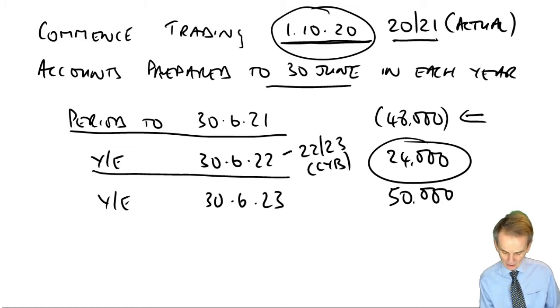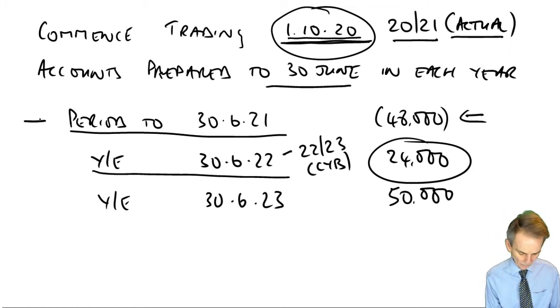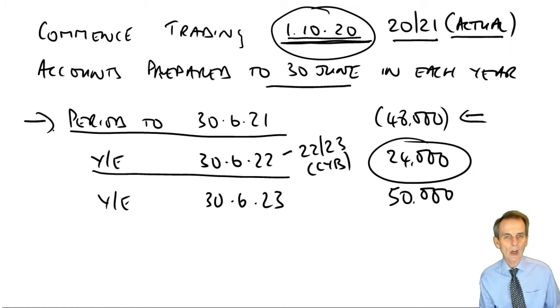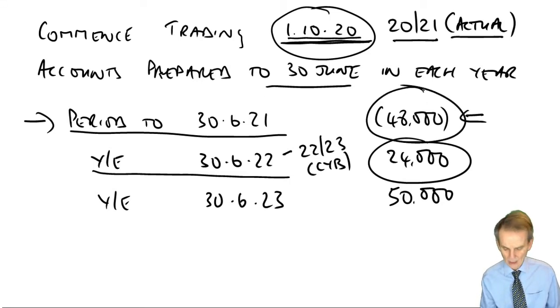In 2021, our first tax year, we'll use actual. That's from the 1st of October 20 through to, as we said, the 5th of April 21, all of which period is within that opening accounting period. So it will require an apportionment of this trading loss of £48,000.